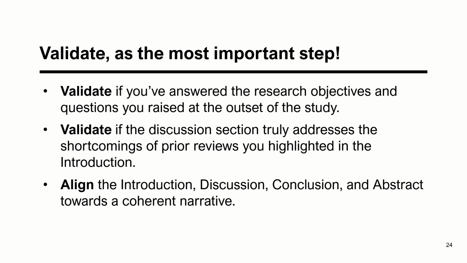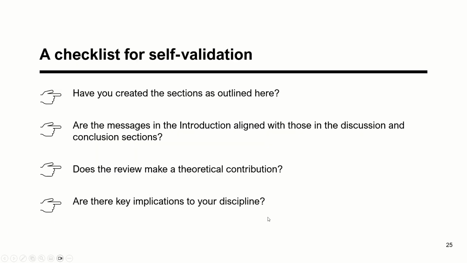It's important that you validate whether your discussion is addressing them. And most important is to ensure that there is consistency in what you're discussing within the introduction, the discussion section, conclusion, and abstract, so that the narrative is very consistent and they're all aligned with one another and not talking about different things. So that alignment is very essential in terms of leading to a coherent narrative.